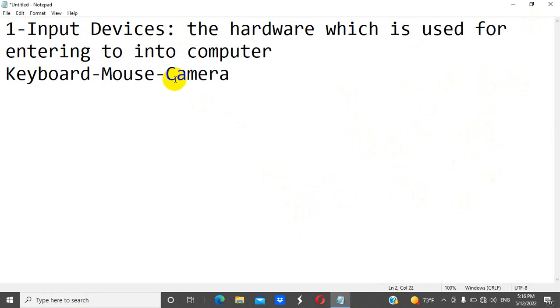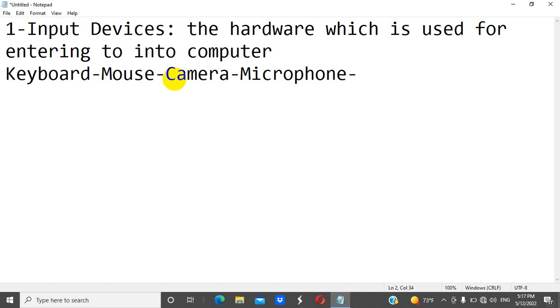Camera is an input device because it takes our picture from outside into the computer system. Microphone is also an input device, because the microphone enters our sound into the computer system.